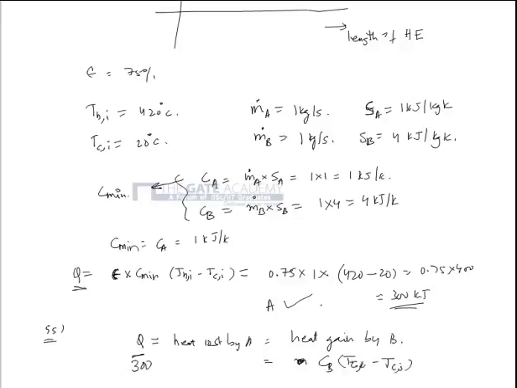The outlet, TCO, is what needs to be found. So 300 is equal to 4 into TCO minus TCI, which is 20. So this comes out to be 75 plus 20, which is 95. So it is 95 degrees Celsius, and the option is C. Thank you.